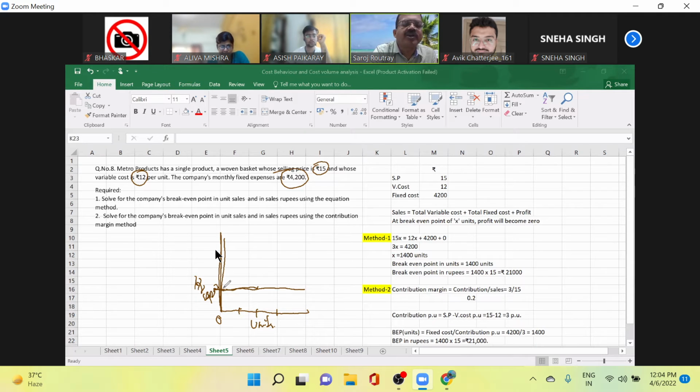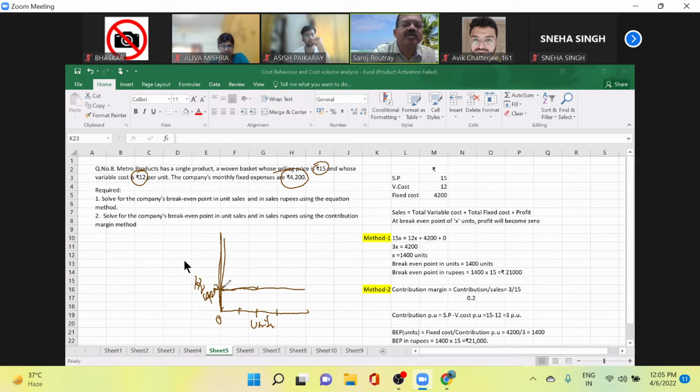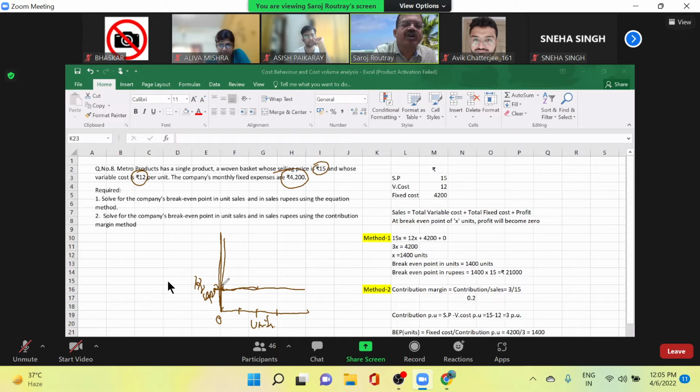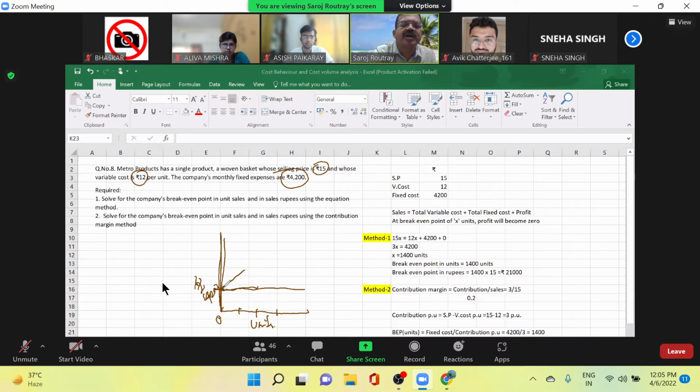If I sell 1 unit, my variable cost will be 12. I don't draw it separately because my fixed cost is already here and I want to draw a total cost line. So the variable component, I add it here. If it is 100, the variable cost is 1,200. And if it is 200, variable cost is 2,400, like this.